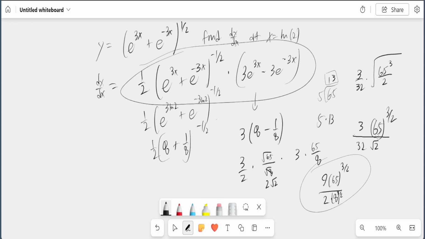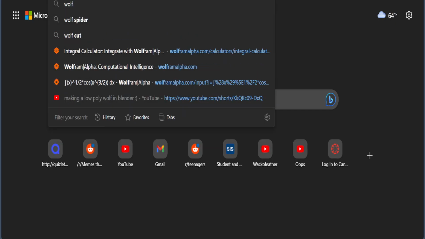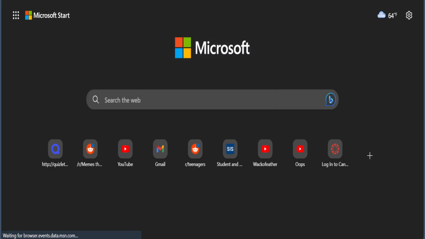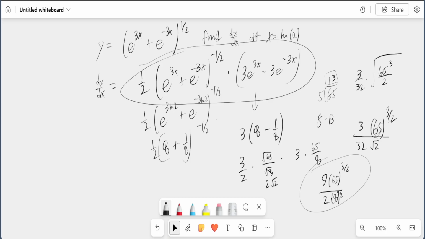Wait, 3 times e. Okay, alright. My calculator is being weird, so my last resort is Wolfram Alpha. Let's see. There's no way that's that.